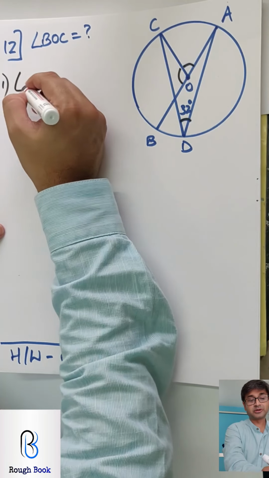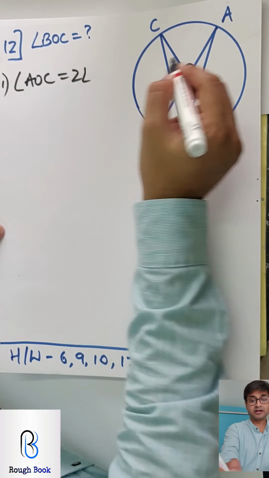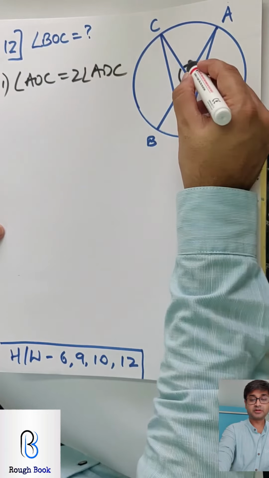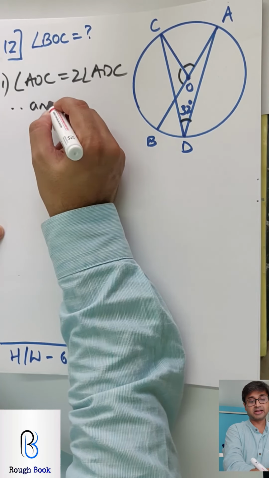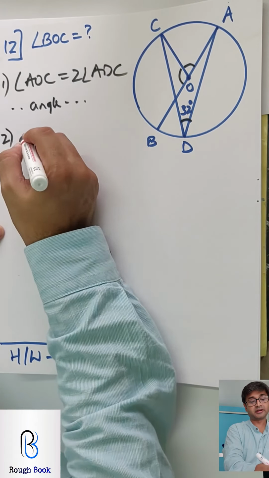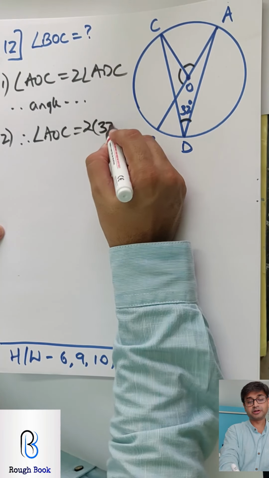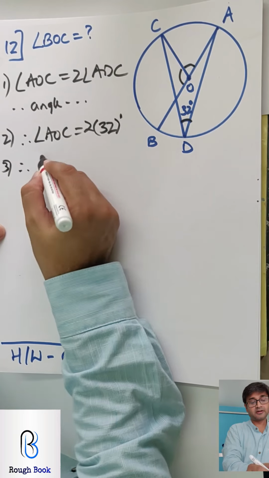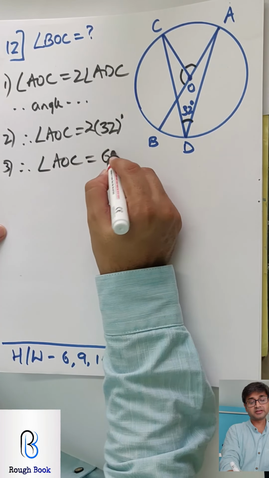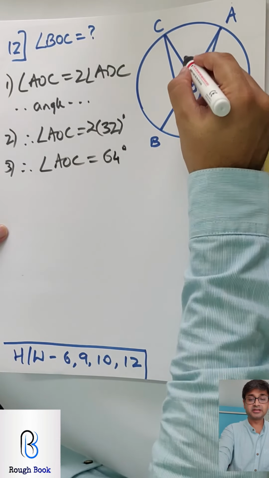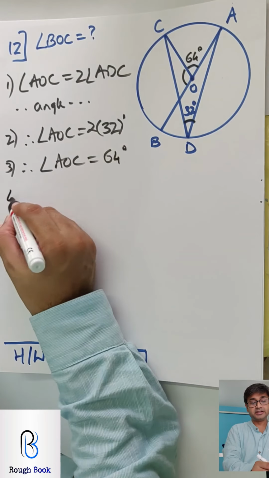Sorry. So first one, angle AOC is double of angle ADC. This is double of this. Reason, angle at the center, whatever, write it down. So AOC is double of 32, and therefore I can say AOC is 64. So you get this 64, and now say linear pair.